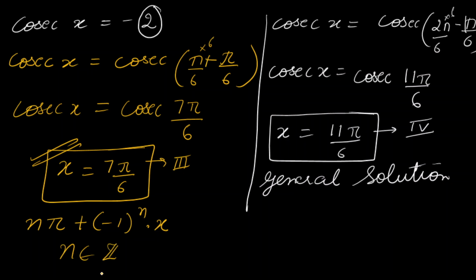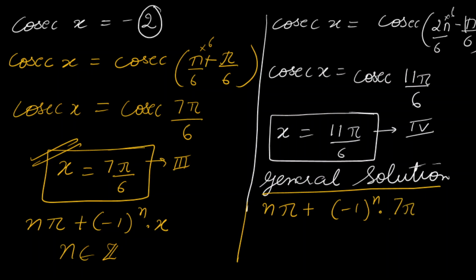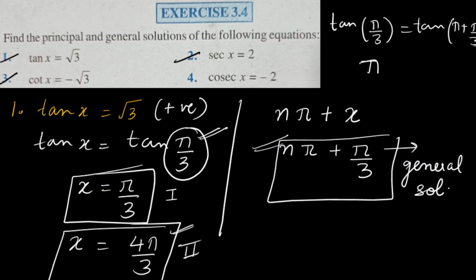So n pi plus minus 1 to the power n into 7 pi by 6. This is the first angle we found, the principal value, and n belongs to integers. So here we have completed the fourth part also.